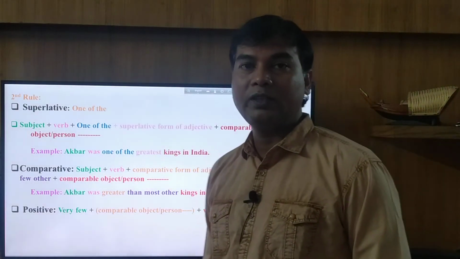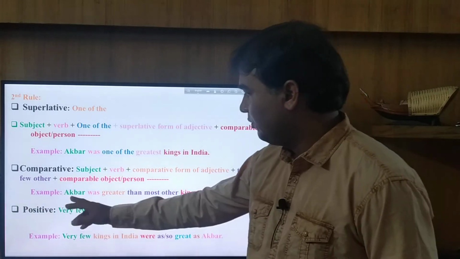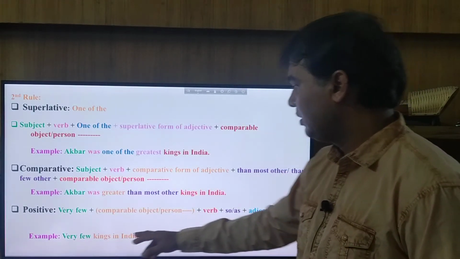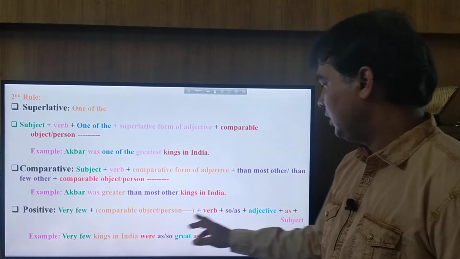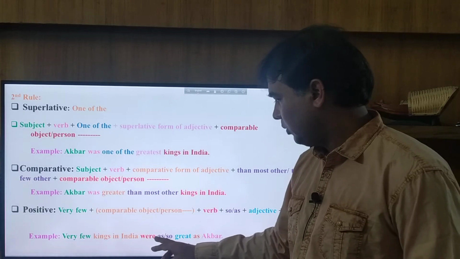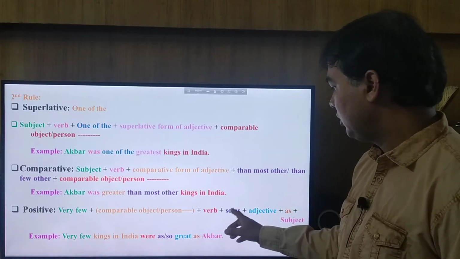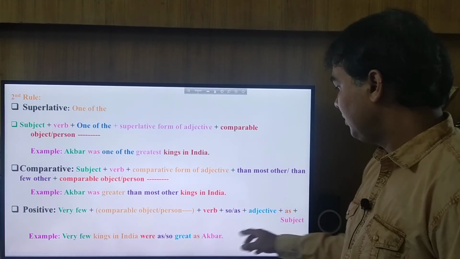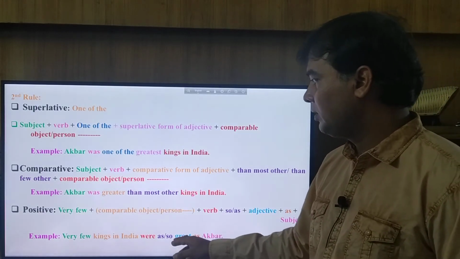For example, you see: very few comparable objects or persons, kings in India, then verb, of course the verb would be in plural form, were, then so or as, you can use as or so, then the positive form of the adjective.